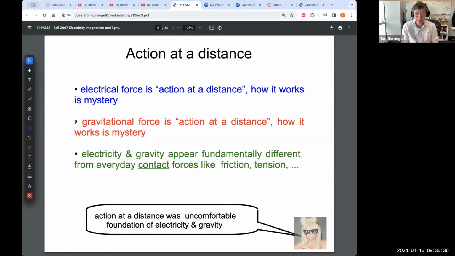In those cases, forces occur when things are touching, when things are in contact with one another. For those everyday forces, it was understood how they worked. But if two masses are at a distance or if two charges are at a distance, it was a complete mystery how the force was working.